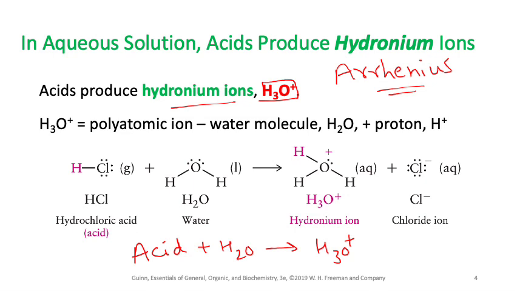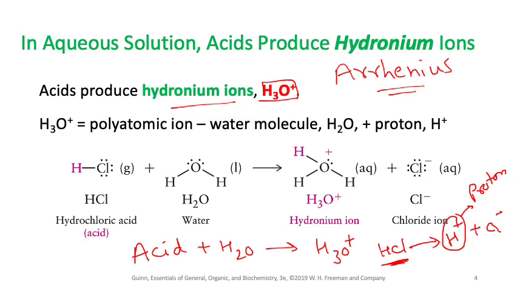For example, hydrochloric acid, right? When you dissolve this in water, it's going to produce H+ ion and chloride ion, Cl-. So that means hydrochloric acid is an acid because it can give out the proton. This H+ ion we call a proton.